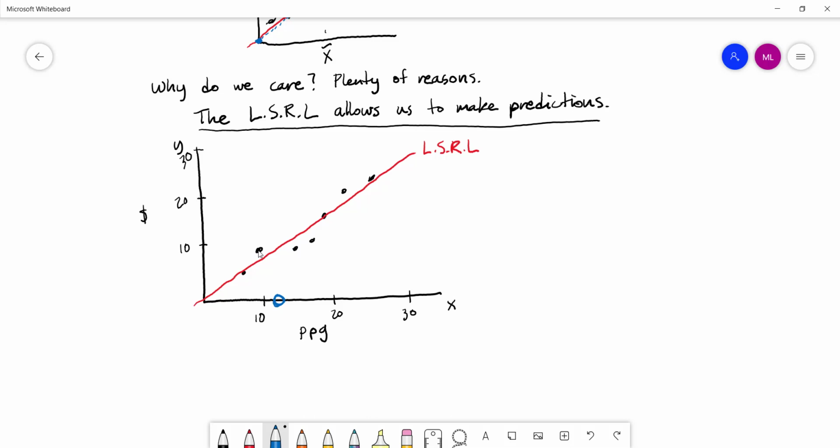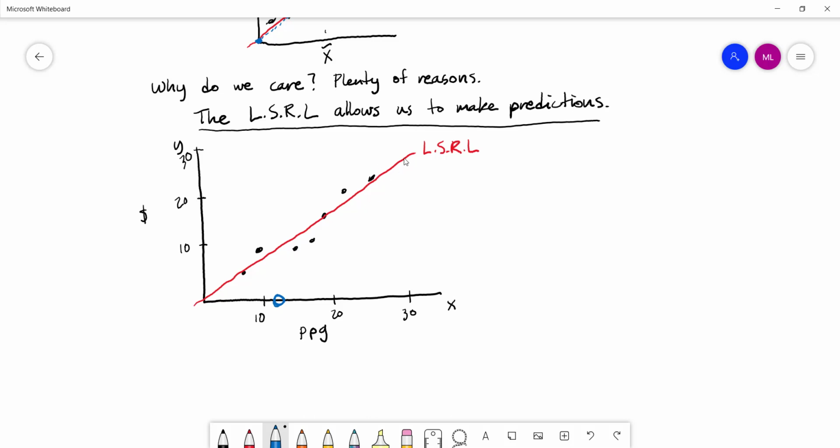Well, we have data for somebody down here that scores a little bit less than that. We have data for people that score more than that, way more than that, or quite a bit less than that. And we have this line. I don't know what a fair value is to pay this guy, because they score more points than this person does and fewer points than this person does.